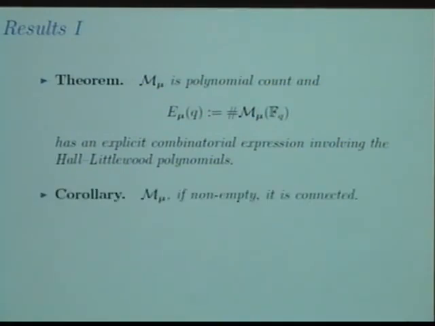Okay, so as a corollary, and this is not entirely trivial to get, we proved in particular that if the variety is not empty, it's actually connected. And we do this by proving that the leading coefficient of this polynomial E is 1.